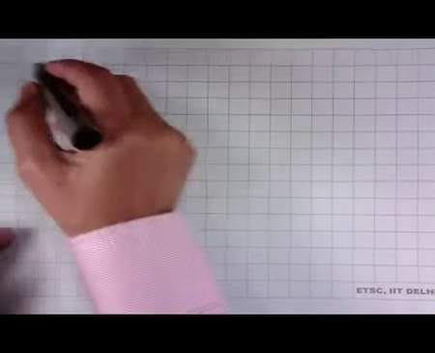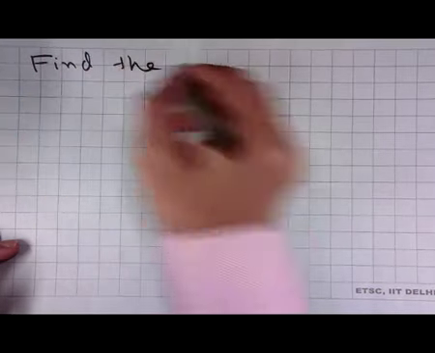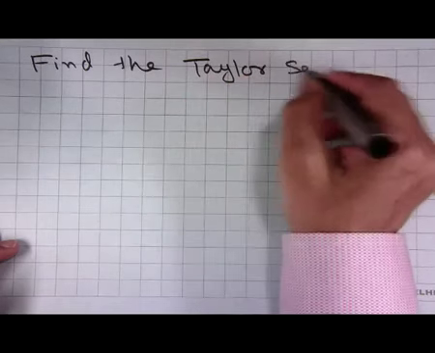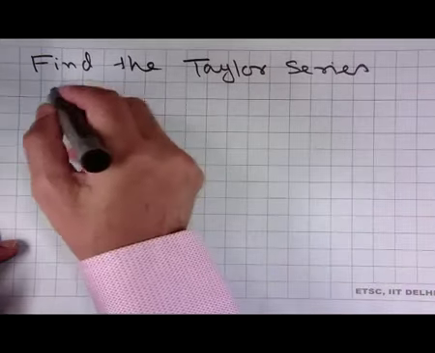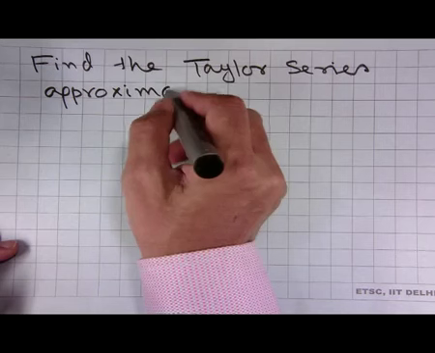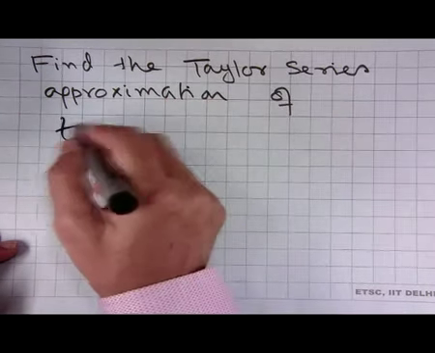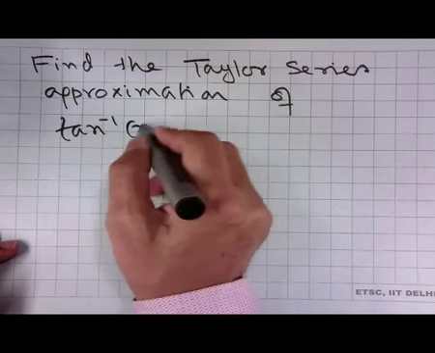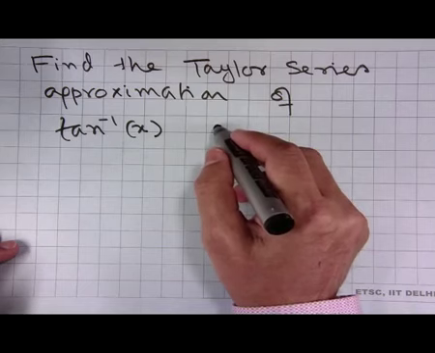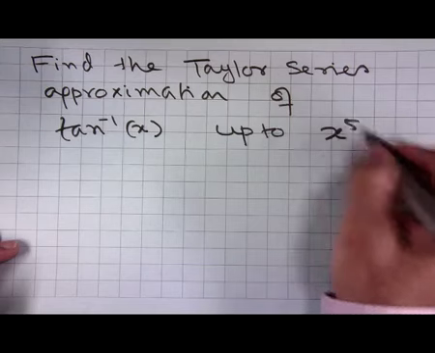So, find the Taylor series approximation of tan inverse x up to x to the power 5.